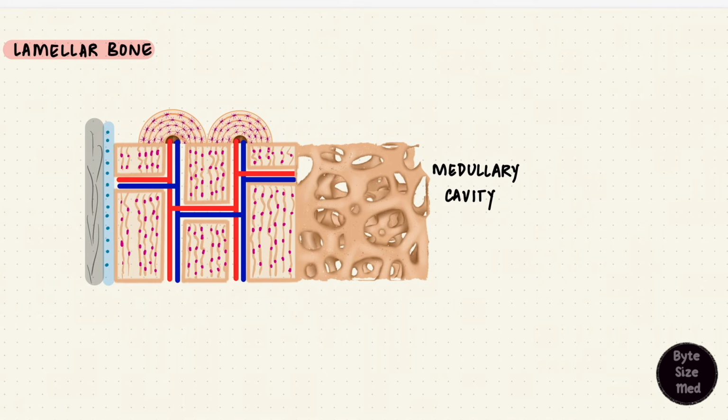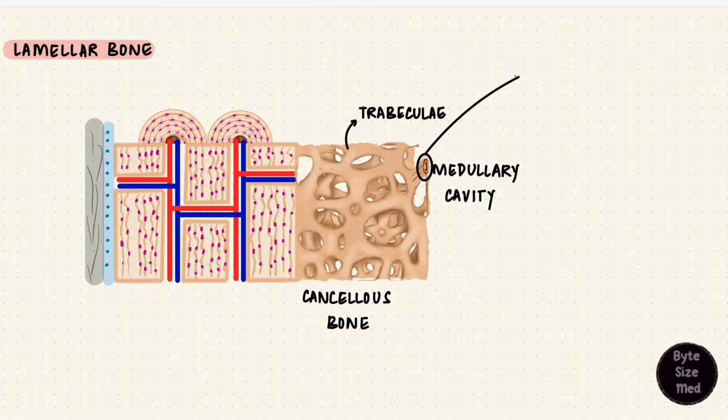Cancellous bone, remember, is made up of rods and plates forming trabeculae. It also consists of calcified bone matrix with those trapped osteocytes. This arrangement in the form of trabeculae reduces the weight of bone while still providing support. And remember, in the spaces between the trabeculae is bone marrow.